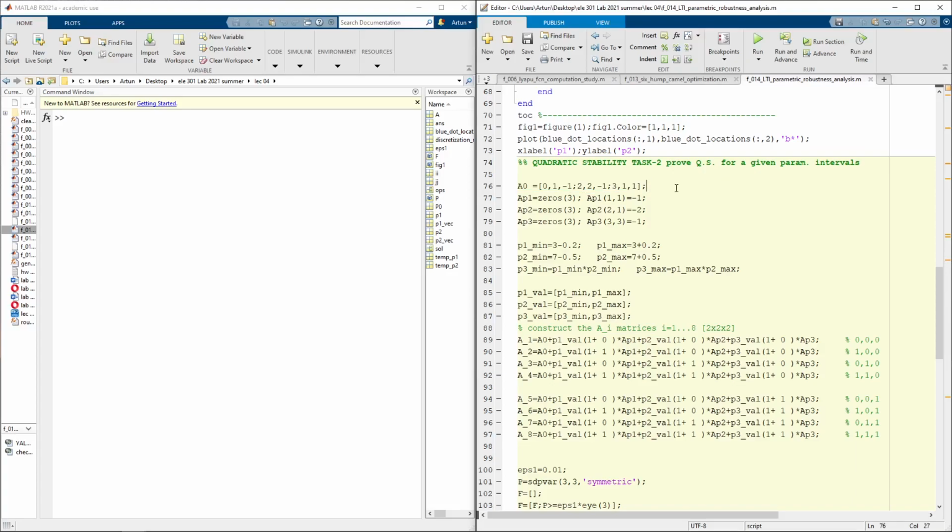You can check that, right? Since those AP1, AP2, AP3 matrices are really sparse, if you recall, I just constructed them in this manner. Here we know what the P1 and P2 min and max values are, and then again the P3 minimum and maximum values.